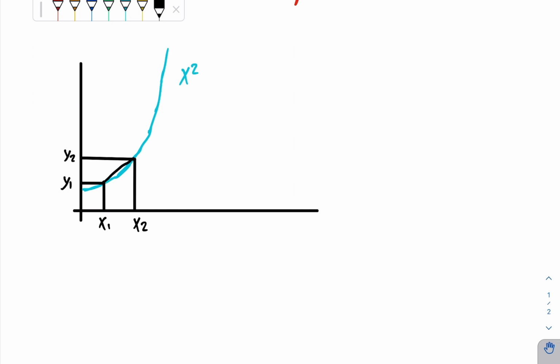And this would correspond to some secant line that we can approximate the curve with. This I will call m bar, which will correspond to average slope. And this will be between x1 and x2, it will be delta y over delta x, which is y2 minus y1 over x2 minus x1. So that is how we can find the average rate of change.